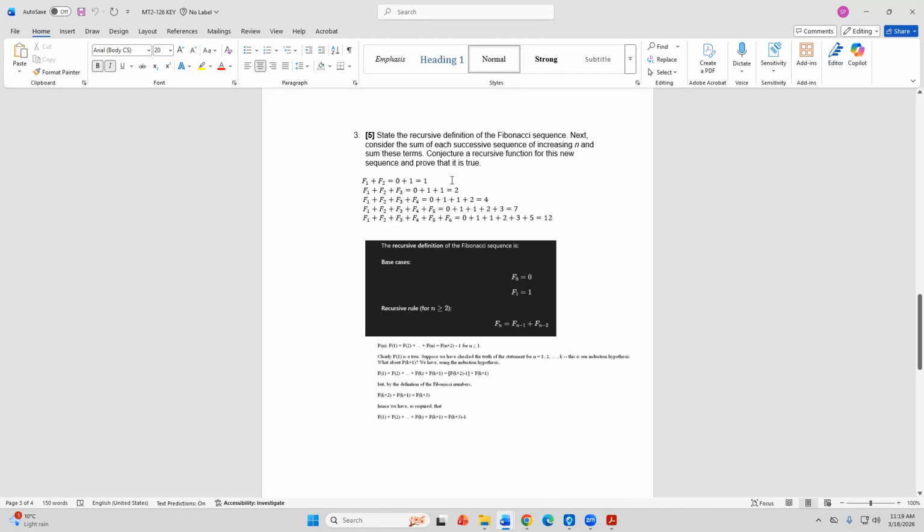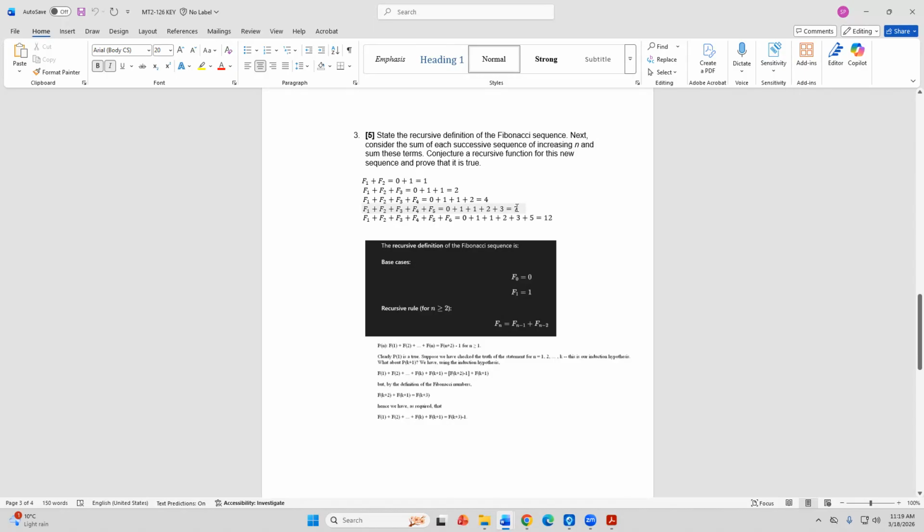But how you guess the sequence is by noting that this term and that term equals 7. This term and that term, this term equals 4. It's just by looking at the patterns of how these numbers come.